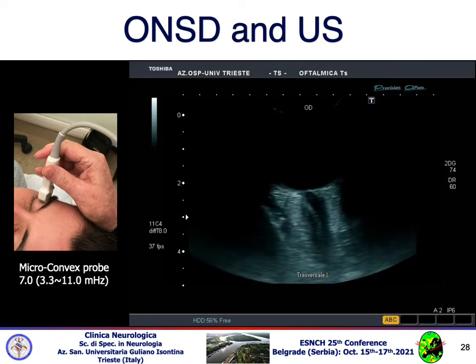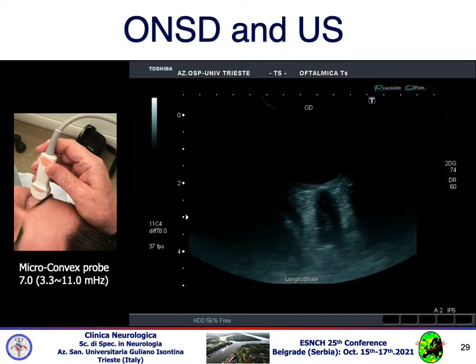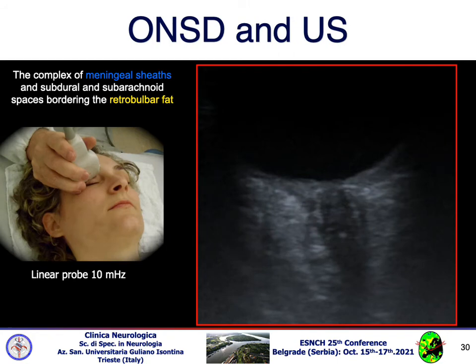And in the other approach, we will see better the dimension of the nerve and the retina and lamina cribrosa and nerve and the sheaths. So it's easy to understand that we are in front of the meningeal sheaths here, and this is the retrobulbar fat.